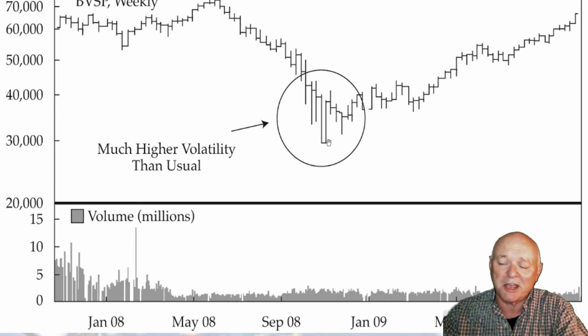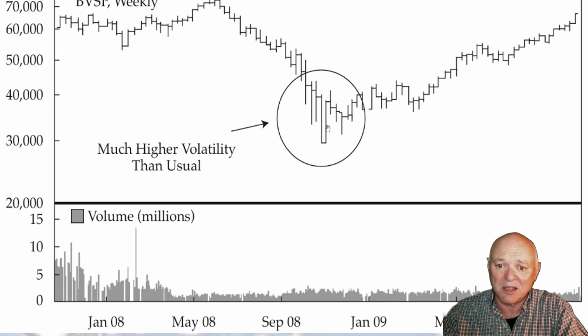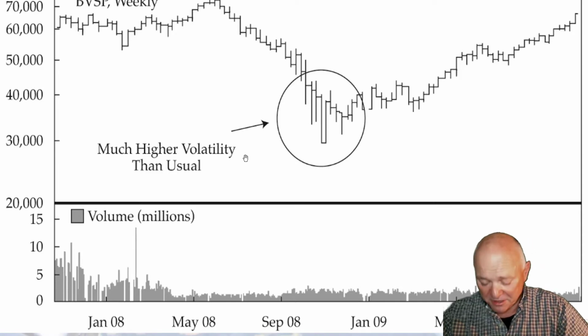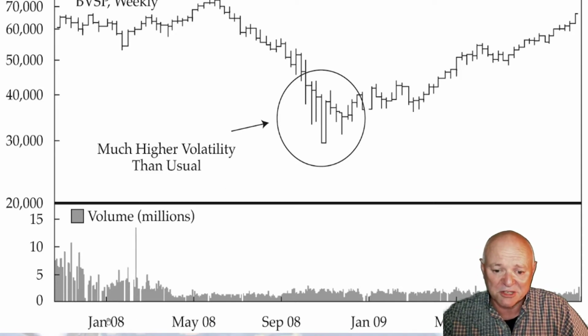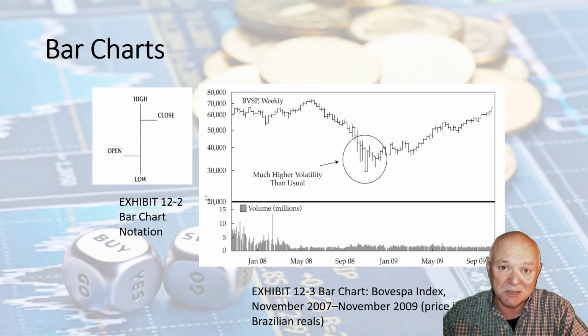There's no line below the closing price. The next day, we can see that there was again about another 9,000 points of recovery, and it closed up about 9,000 points from the open at the beginning of the day. So the benefit of this kind of chart is it gives us much more information than just a simple line chart.